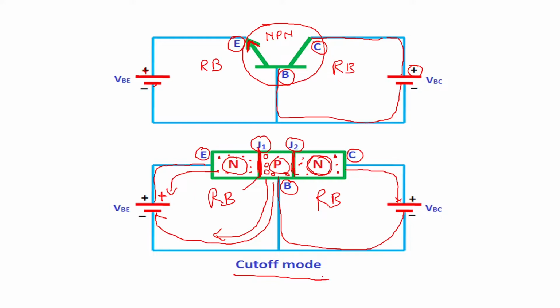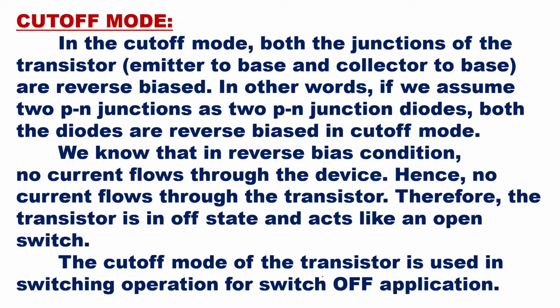So here the definition of cutoff mode goes as: when both the junctions, that is the junction between emitter and base and the junction between base and collector, are reverse biased, then the transistor is said to be operating in cutoff mode. So there is no flow of current through it. Now we can read the theory of cutoff mode.